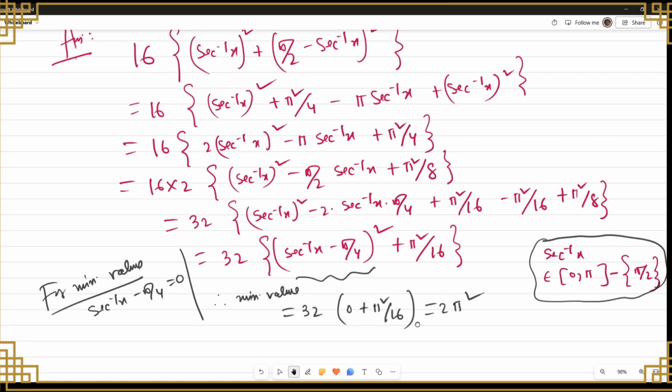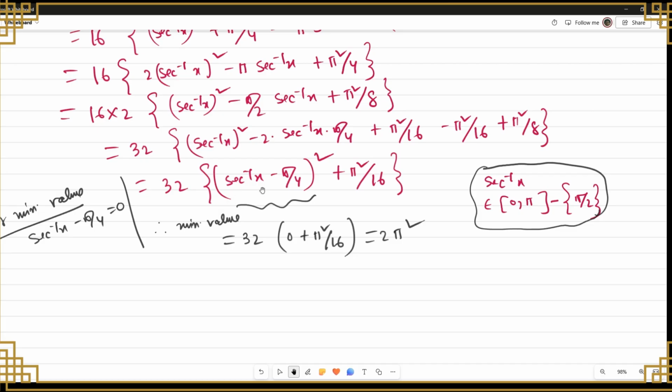And for maximum value, what we will do? For maximum value, we have to get the maximum of the given number here. For maximum value, put sec inverse x equal to pi.